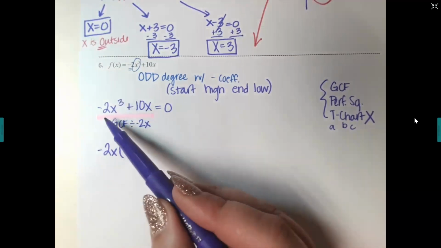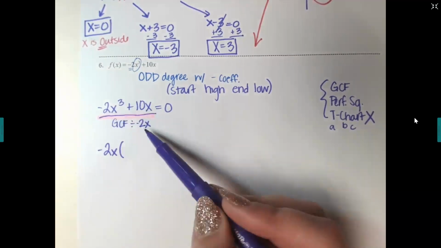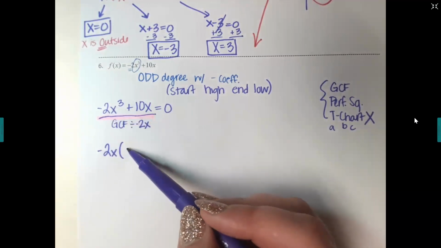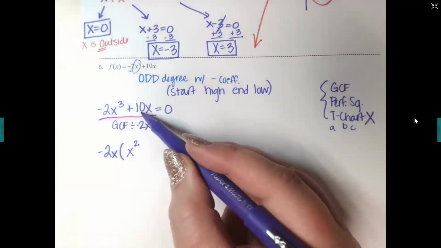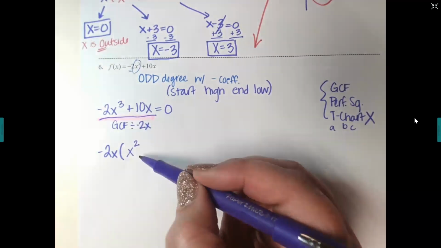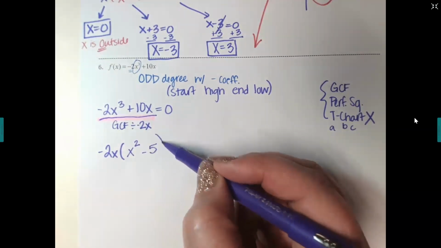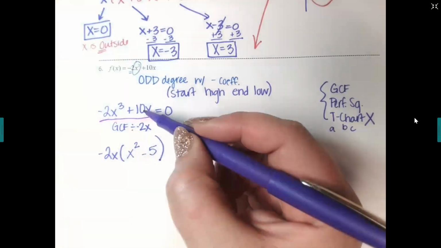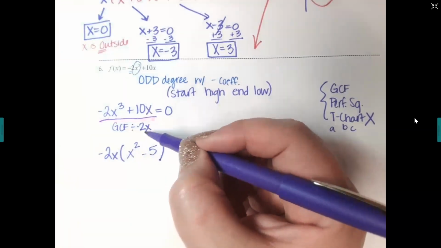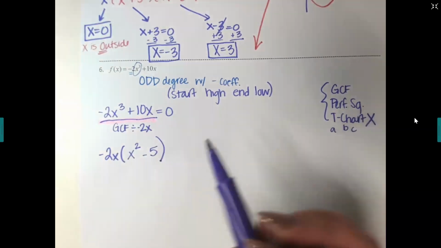If I divide that by negative 2x, my negative 2x is on the outside, but I'm going to have an x squared left over. Then for my second term, I have a 10 divided by a negative 2, that's a negative 5. You should also notice that even though the 10 did have an x, when I divide by 2x, that x comes out to the front.